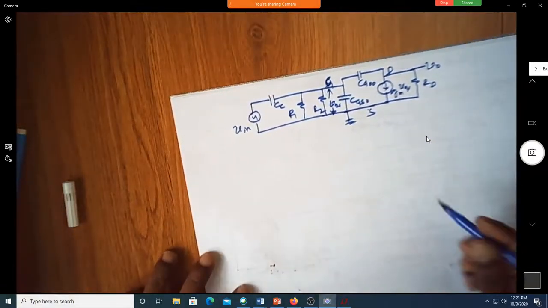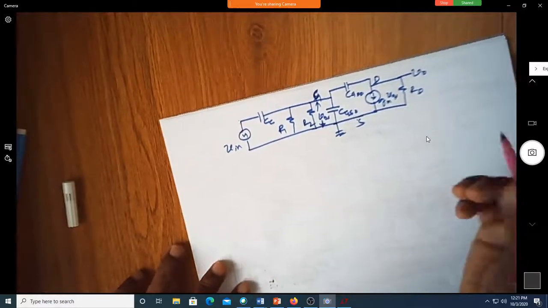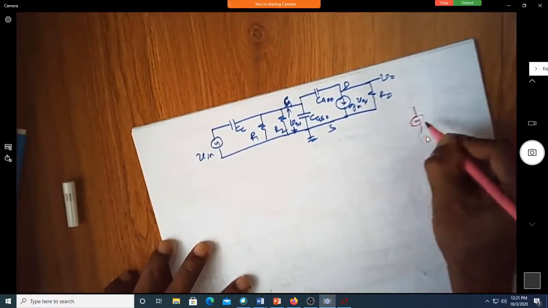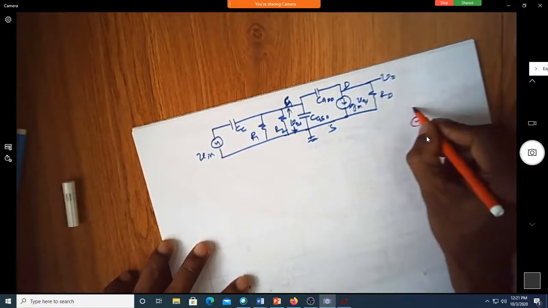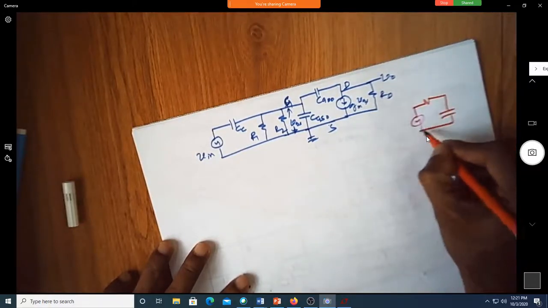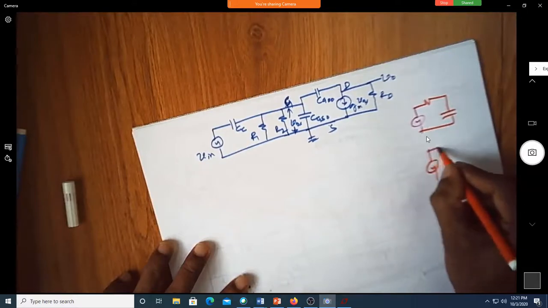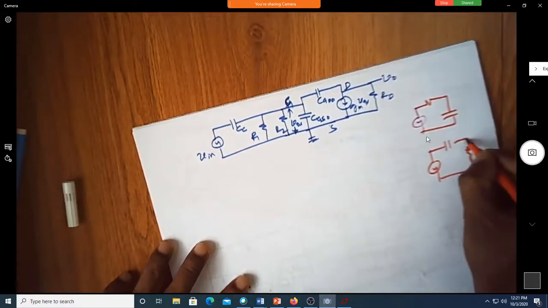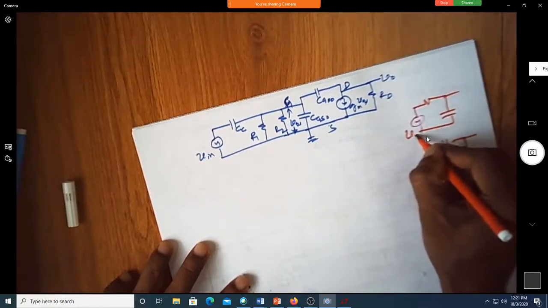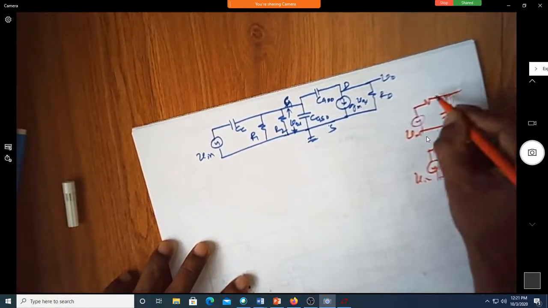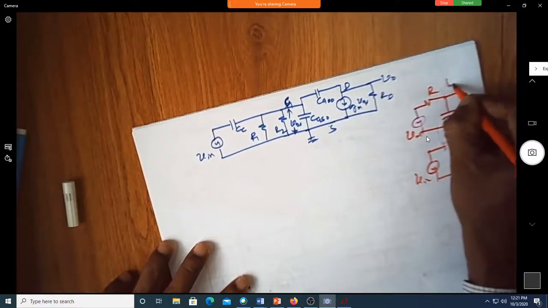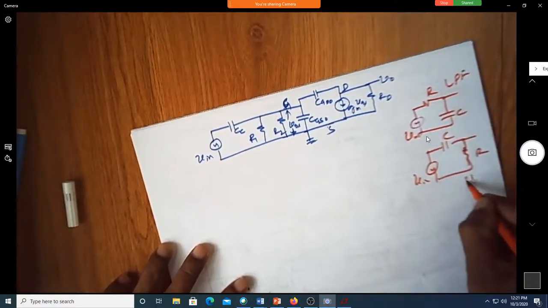Okay, fine. Now we are looking at something like this, this type of circuit, correct? So this is Vin, this is again Vin, this is R, C, this is C, R. So this is your LPF, this is your HPF.